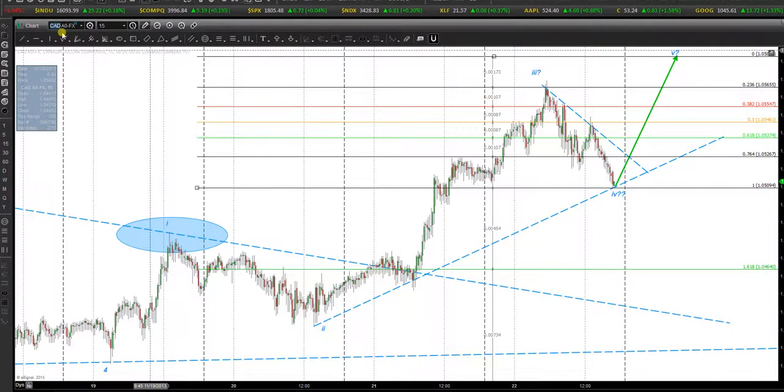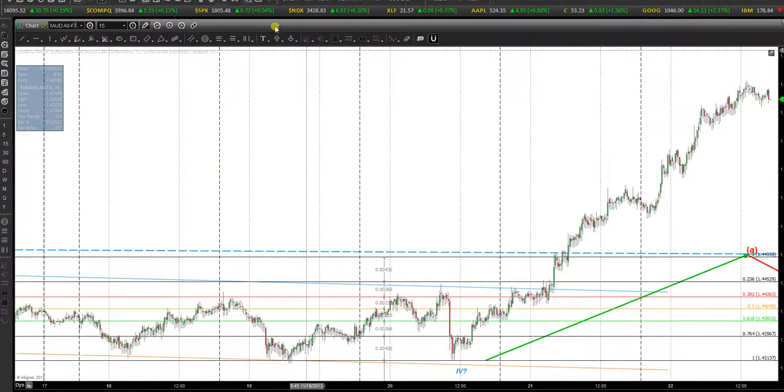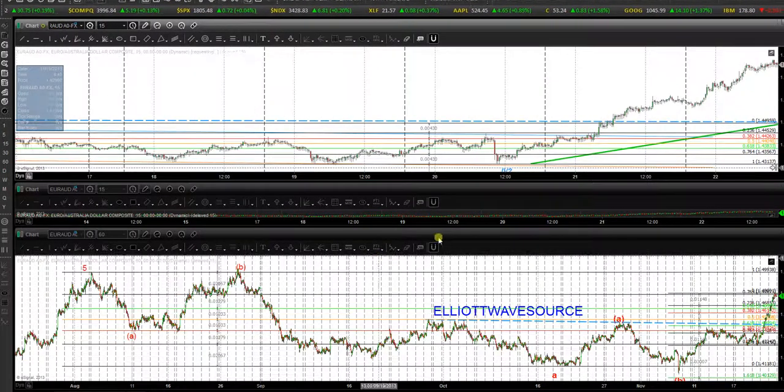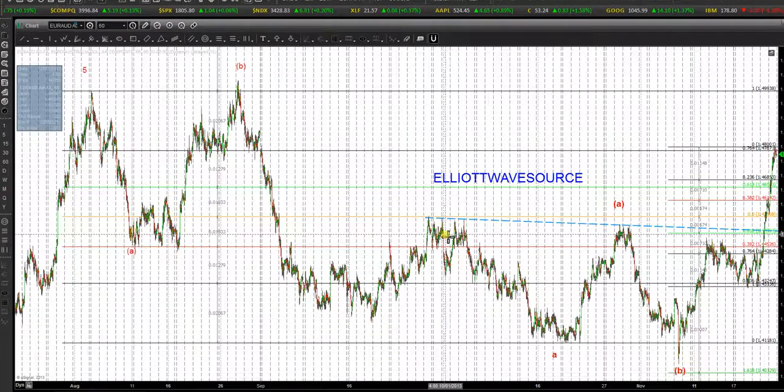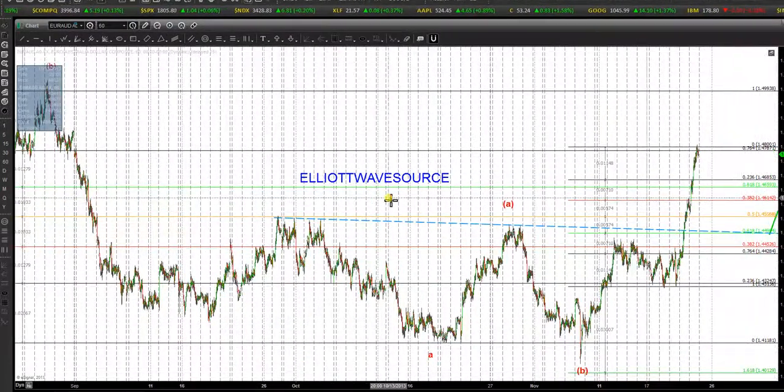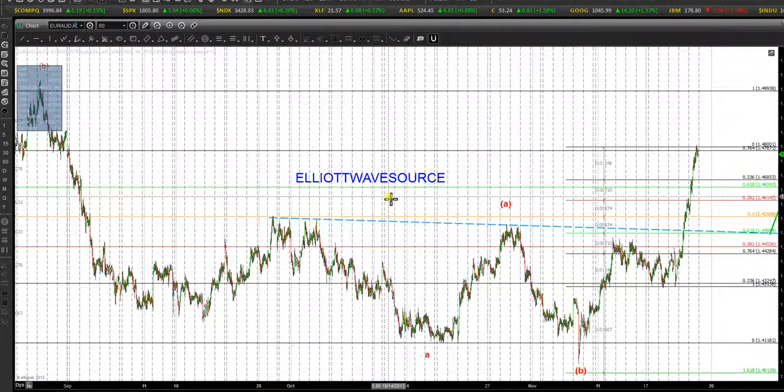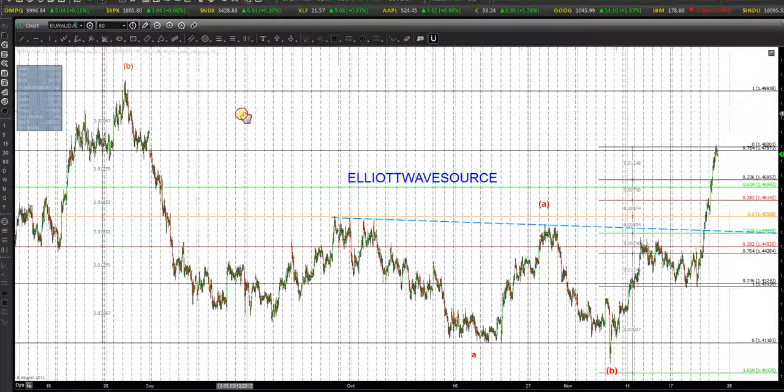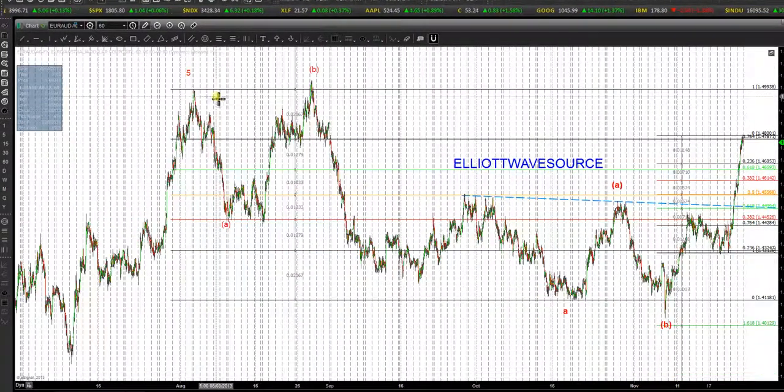Another pair I wanted to take a look at was the EURAUD. Now, the EURAUD, last week, we covered it as the chart of the day, and we had this labeled as the ABC to give us that larger A. So this was that C, and the sub waves were 1, 2, 3, then a choppy 4, and then 5.